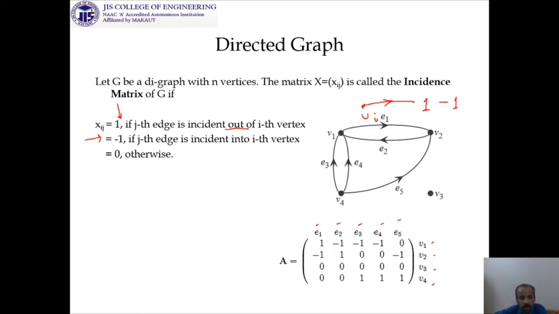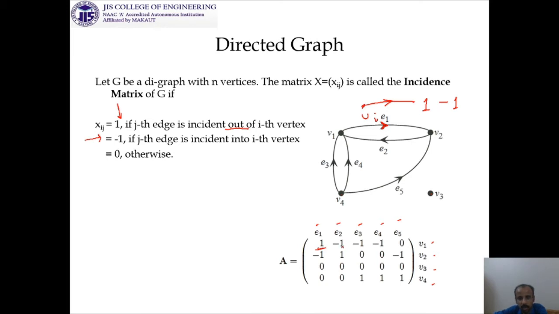So V1, E1 position: the 1,1 position. We have to check whether edge 1 is incident out from vertex 1 or not. Edge E1 is incident out from vertex V1, so it is 1.